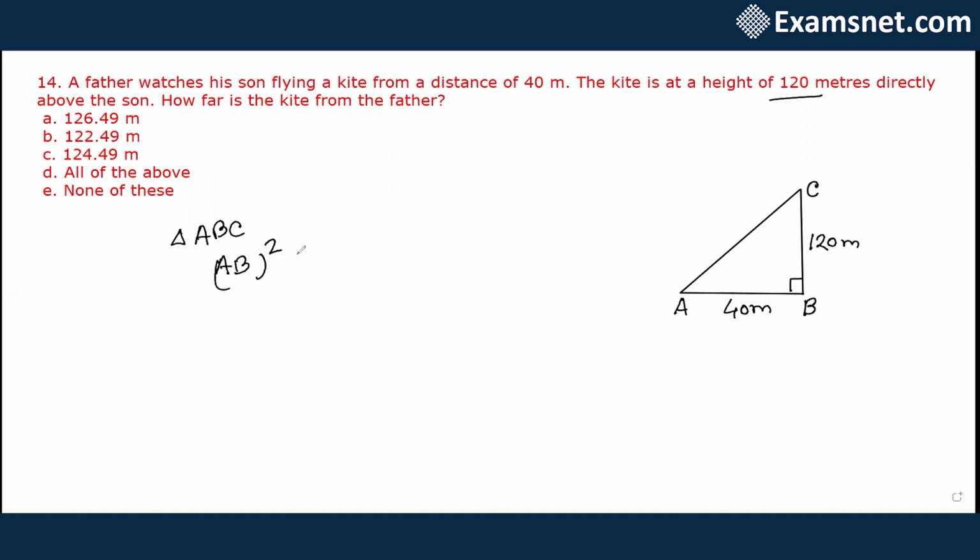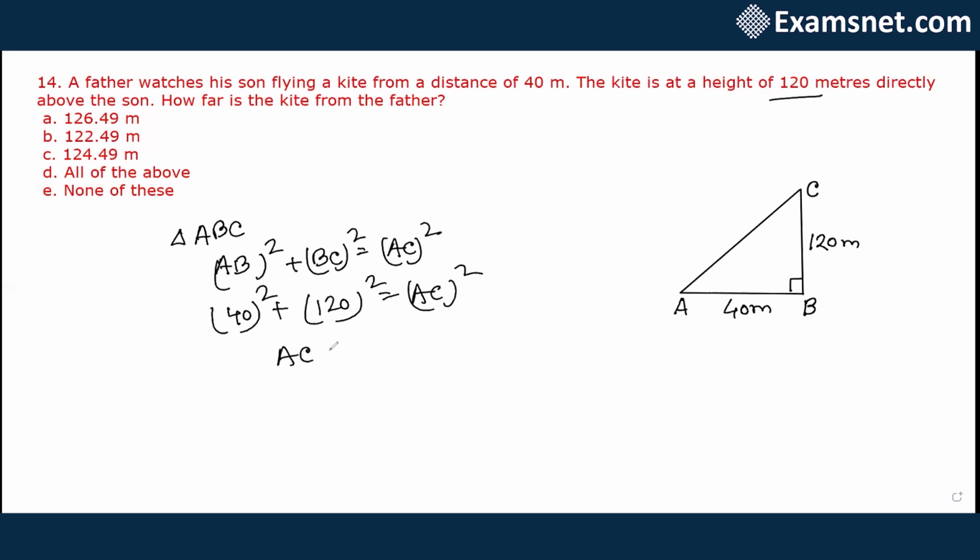We can write AB whole square plus BC whole square equals AC whole square, right? The sum of the square of perpendicular and the base equals the square of the hypotenuse. So 40 whole square plus 120 whole square equals AC whole square.